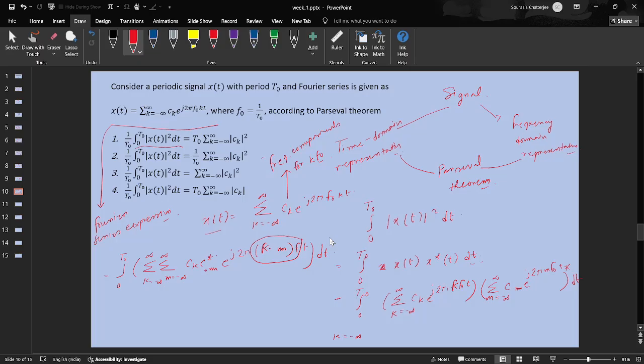But given that you know that a complex sinusoid with the frequency f, when integrated over its fundamental time period, goes to 0, can you use some kind of property here? There is k minus m times f, so that is essentially a sinusoid with the frequency k minus m times f, and the summation runs for both k and m from minus infinity to infinity. So can we do anything about that?